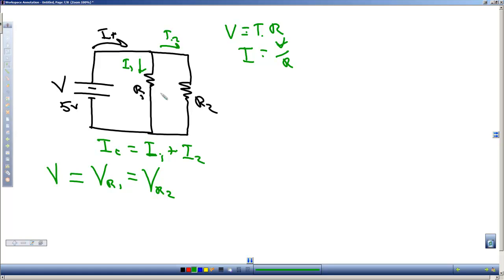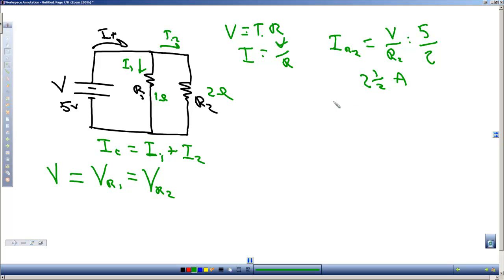And I'm going to make this resistor 1 ohm and this resistor 2 ohms. And so the current through R2 is equal to the voltage over the resistance of R2, which is 5 volts divided by 2 ohms, and that gives us 2 1/2 amps.